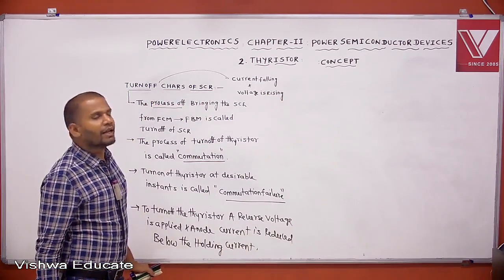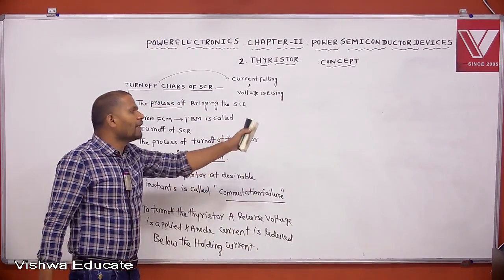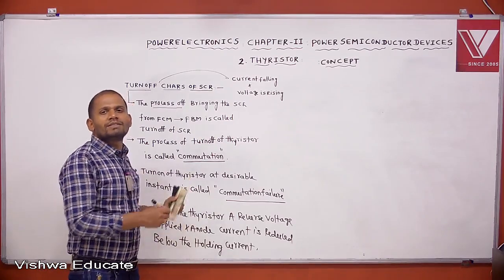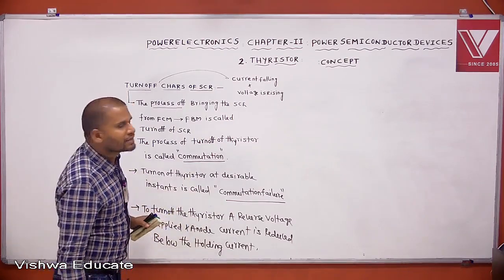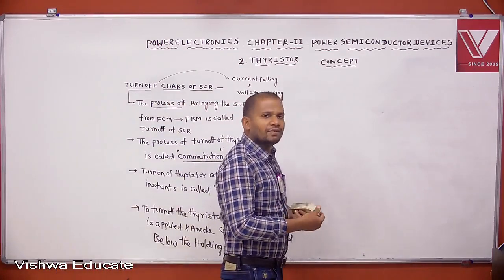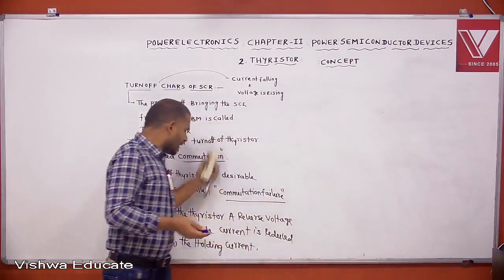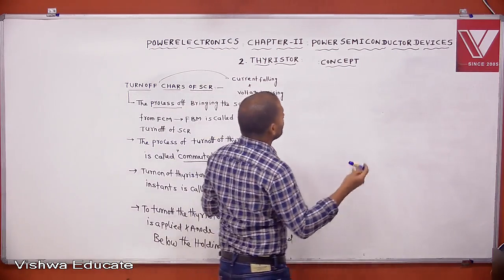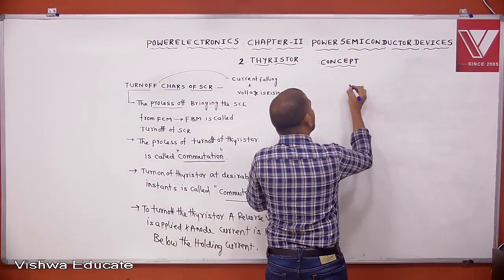That is nothing but a turn off. Now first I want to draw the total turn off characteristics. Then I will explain the significance of these characteristics. You draw these characteristics first, then you will see the significance. Okay, concentrate, then draw these characteristics. This is the turn off characteristics.